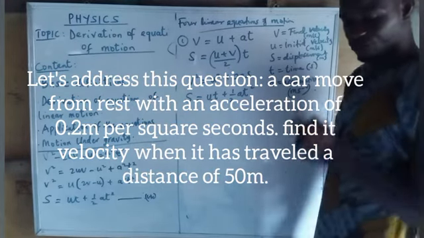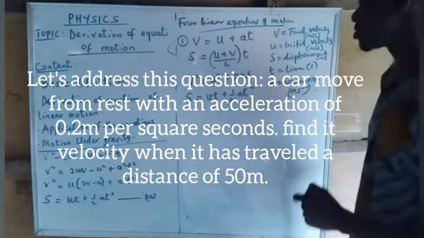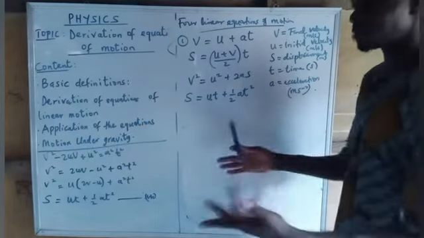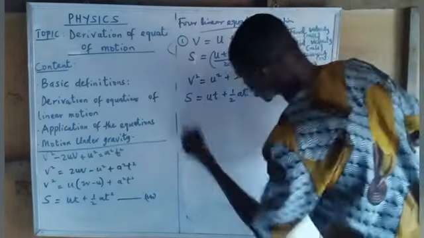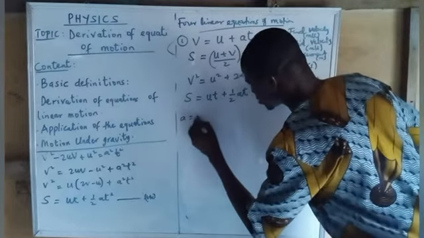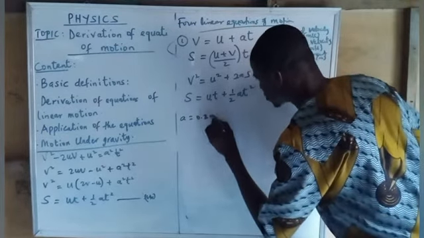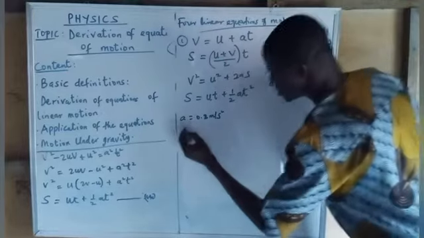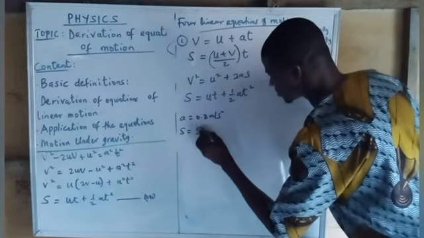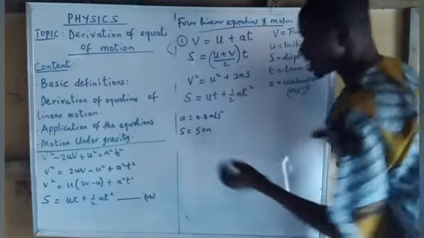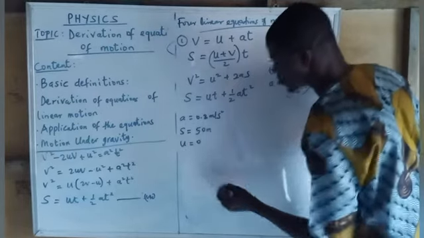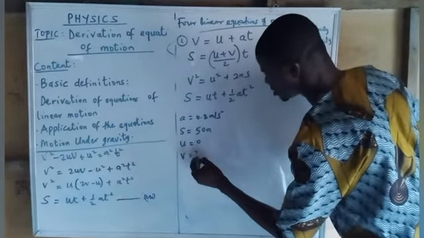Find the velocity after it has traveled a distance of 50 meters. Let's bring out the parameters. From the question, the acceleration is 0.2 meters per square second. The distance or displacement is 50 meters. The initial velocity, u, is what? 0. We have to find the final velocity.